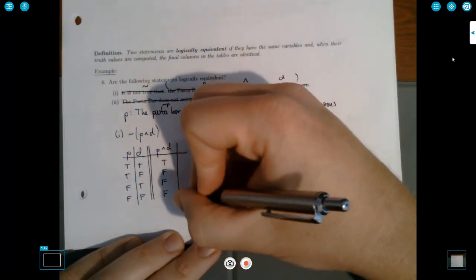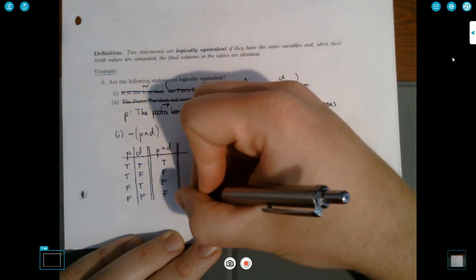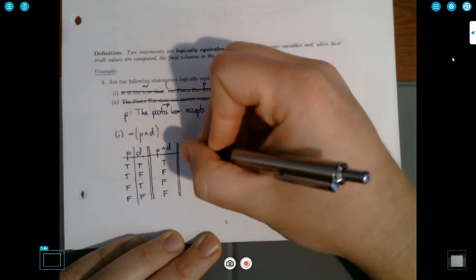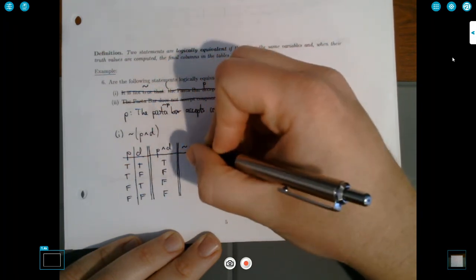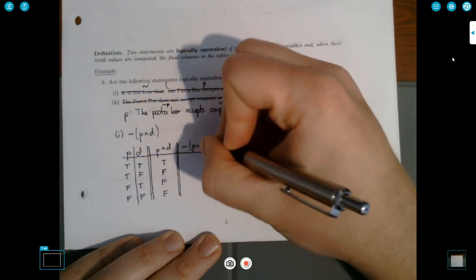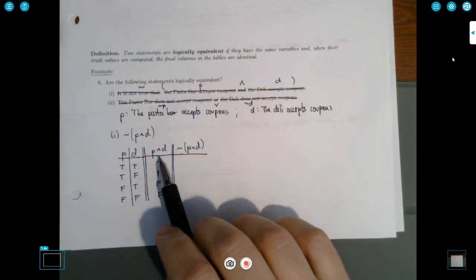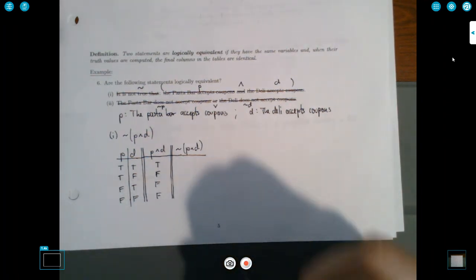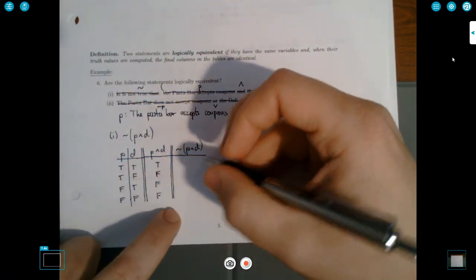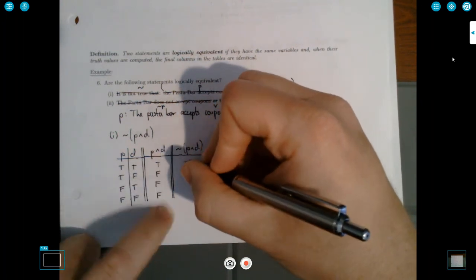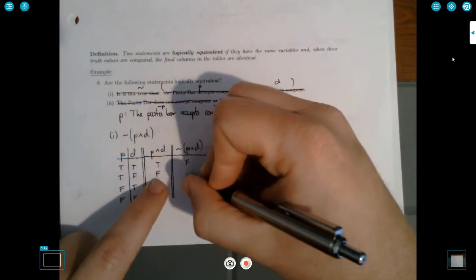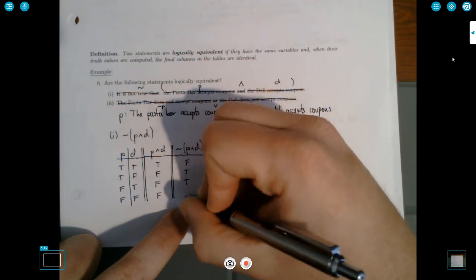Okay, now we can do the statement we were trying to get at, which was not (P and D). That's just the negation of the previous column. So we're going to change the truth values of the previous column. So true becomes false, and false becomes true. False, true, true, true.